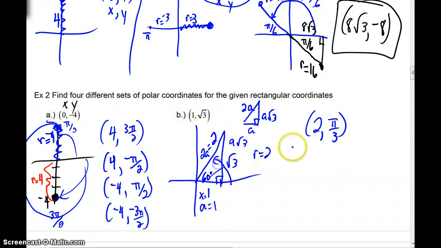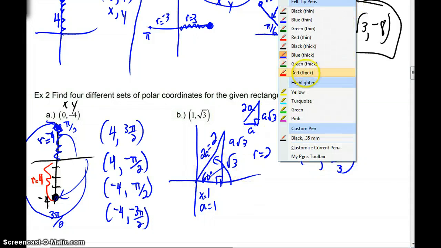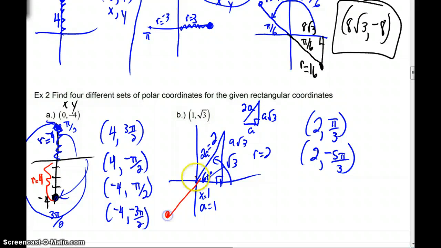That's working in a positive angle measure. From a negative angle measure, we'd have 2 comma -5 pi over 3. We could also speak about having a negative r value. If r was equal to -2, we'd be down here. And of course, we'd have the same reference angle of pi over 3. So in a positive angle direction, if we were going into the third quadrant, we'd go past pi, and that would land us at 4 pi over 3.